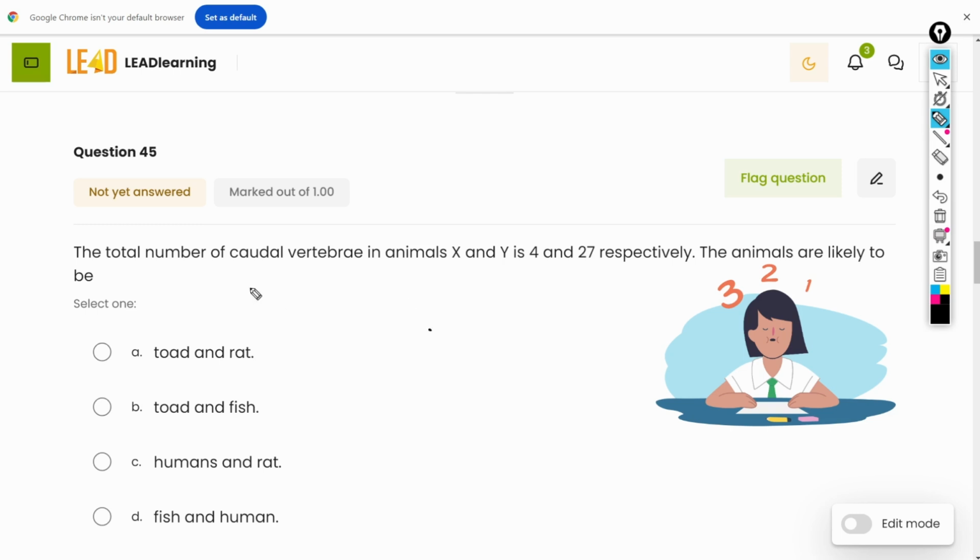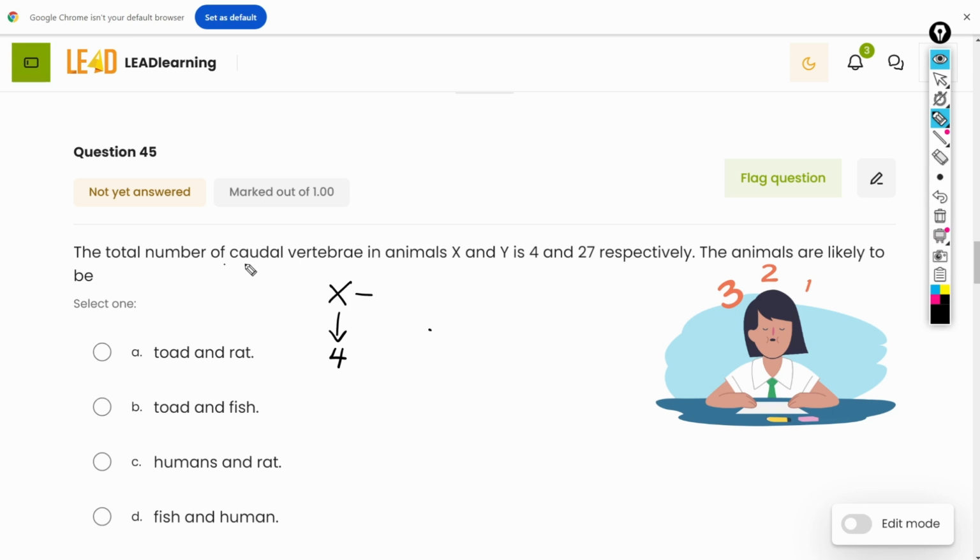Question 45. A total number of caudal vertebrae in animals X and Y is 4 and 27 respectively. The animals are likely to be. So animal X has 4 caudal vertebrae.